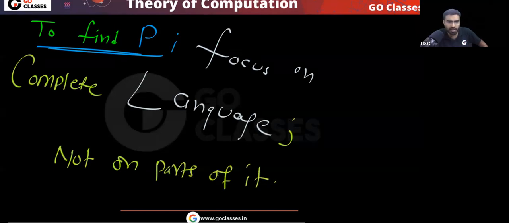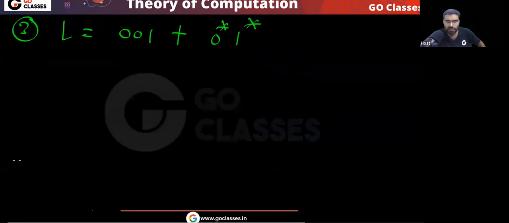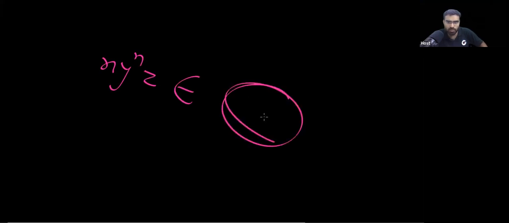I don't care about parts. I only care about the complete language. Is this clear? Because we only care about language. Remember, when I say x y power n z, did I say it belongs to some part or did I say it belongs to the language?